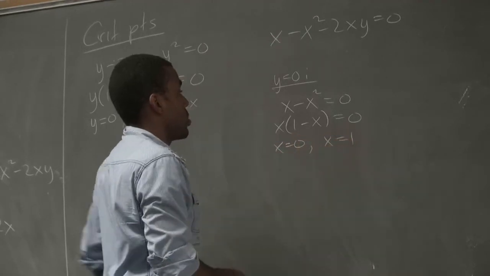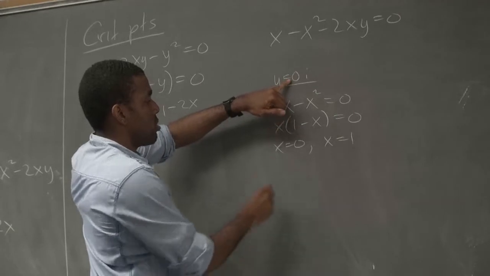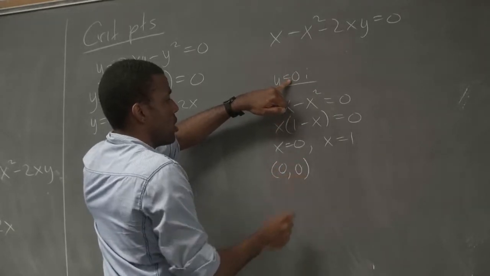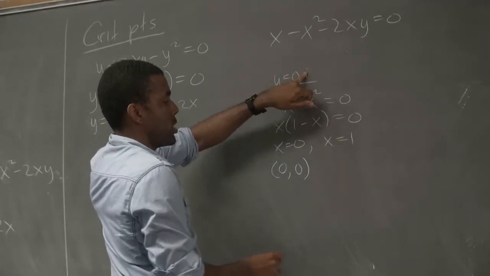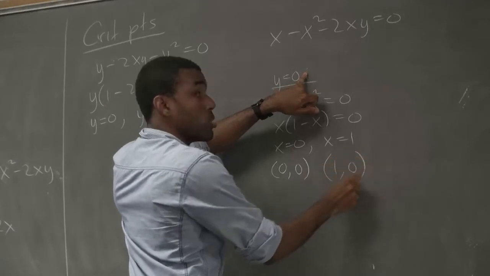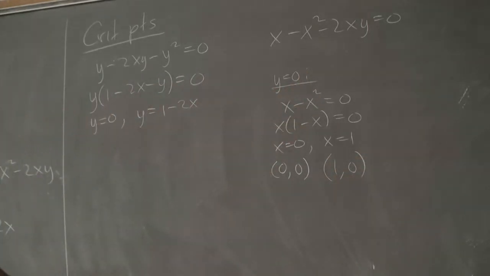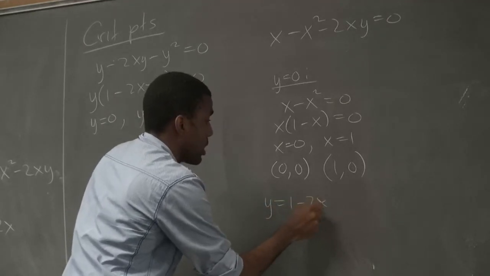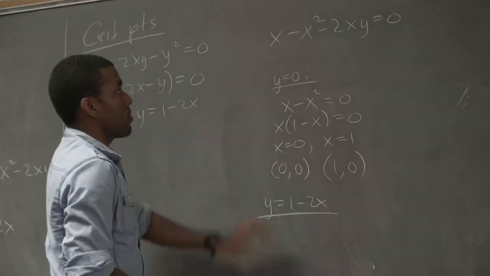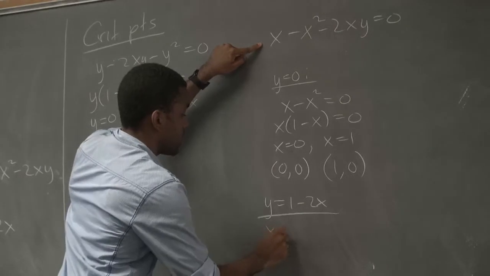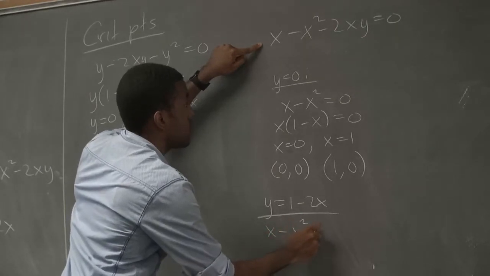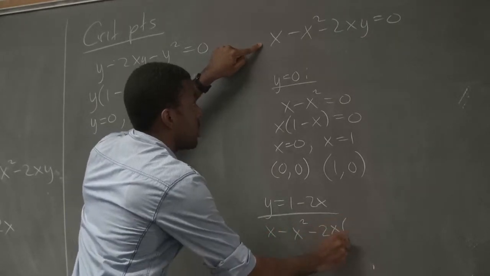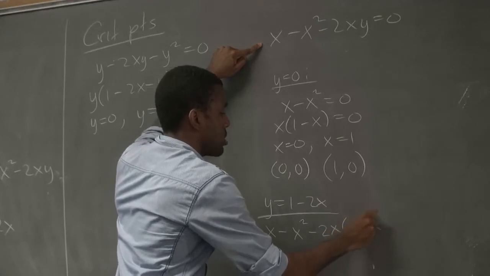That gives me the points (0, 0) and (1, 0), two points from that one. Then I can plug y equals 1 minus 2x into here: x minus x squared minus 2x times (1 minus 2x).